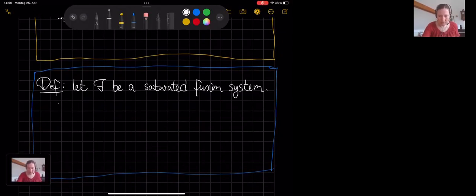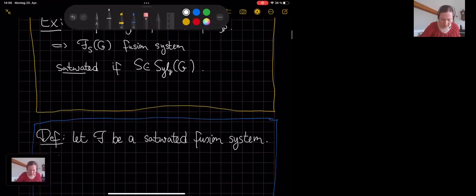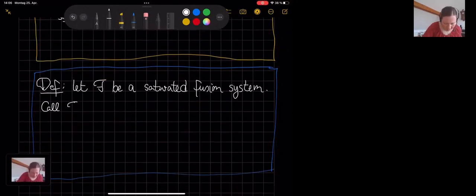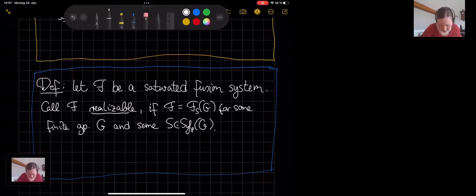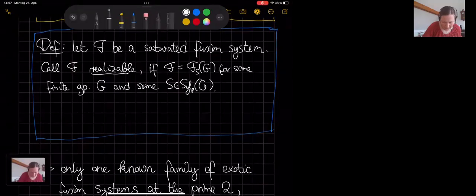Okay. So if you look at a saturated fusion system, then of course the obvious question is whether or not we can realize it in this way by a finite group G and a Sylow p-subgroup S. I call F realizable if F equals F_S(G) for some finite group G and some S a Sylow p-subgroup of G. So these are the standard examples, but then there are also some saturated fusion systems which are not realizable, and these we call exotic.